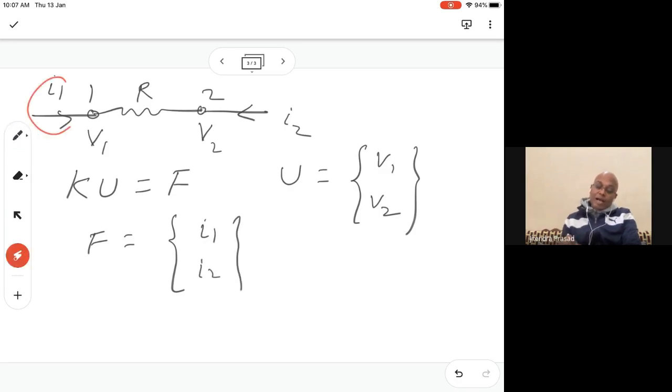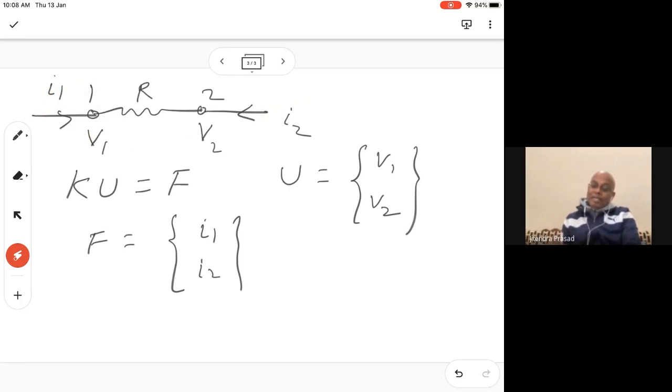Remember, currents here are into the system. It's not that it will come from here and go from there. So current here will be positive, and here it will be negative because it's leaving the system. But the positive convention is that any current flowing into the resistance is positive. Hence we have drawn it like this.